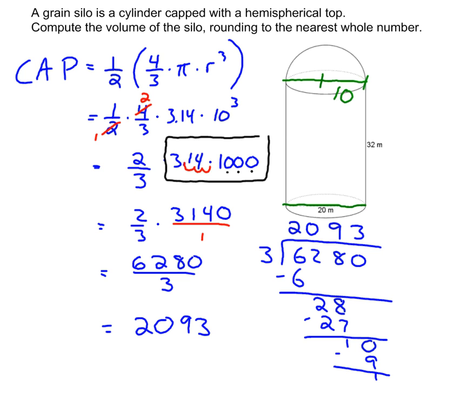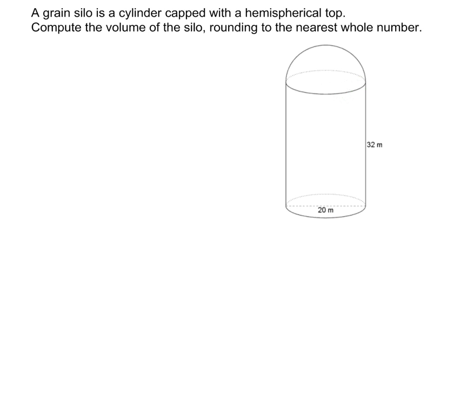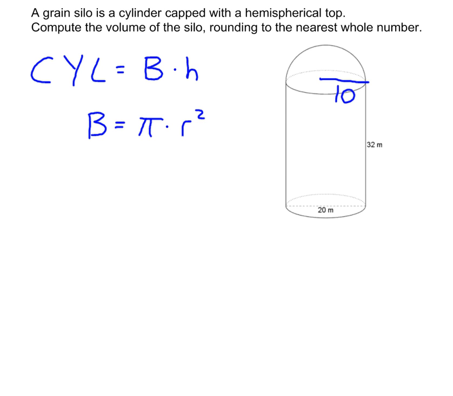Now let's move on to the cylinder. The volume of a cylinder is the area of the base times the height. In this case, the base of this cylinder is a circle. So let's figure out the area of the base first. The area of a circle is pi times the radius squared. Now we saw while we were figuring out the cap that the radius of the circle was 10 meters.